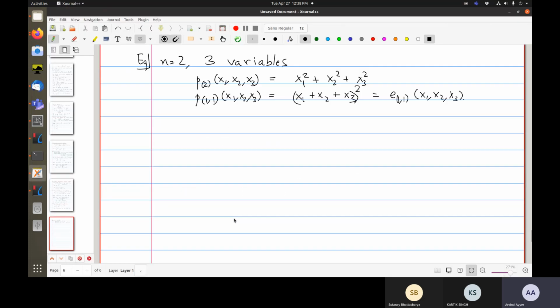Okay, but here also one can prove a proposition that p lambda, as lambda runs over the partitions of n, is a basis.